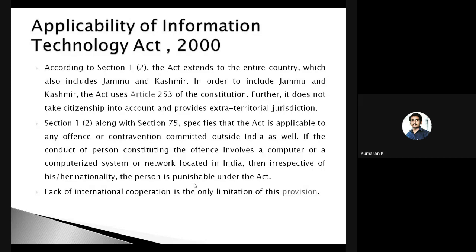But if the country is not ready to hand over that person, we are not capable of doing anything.